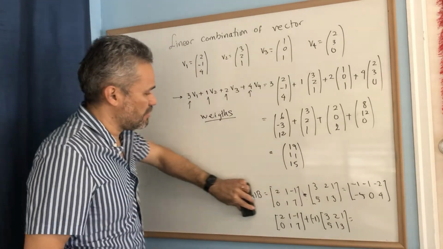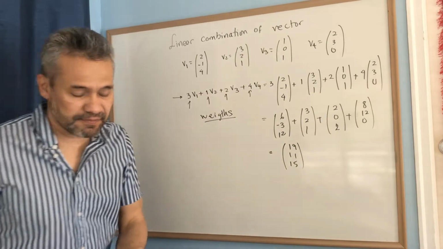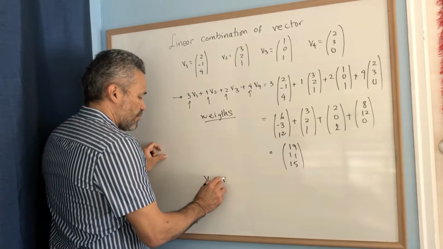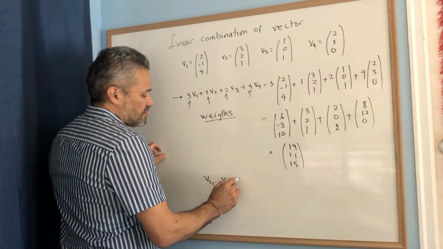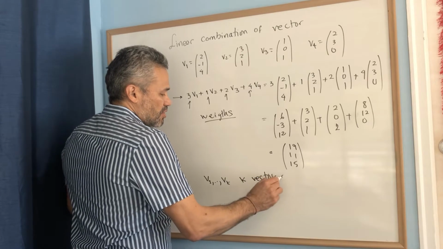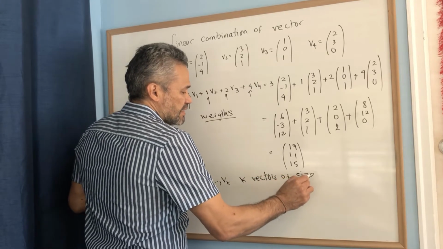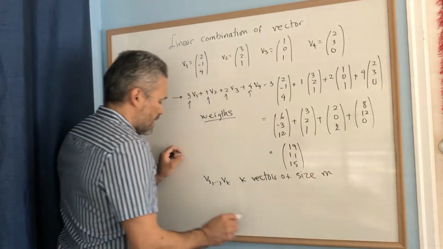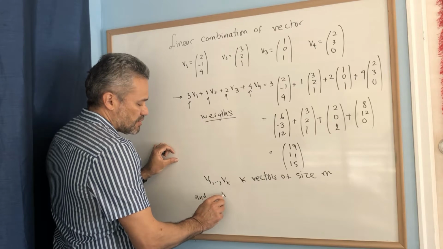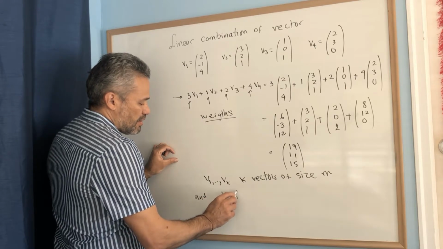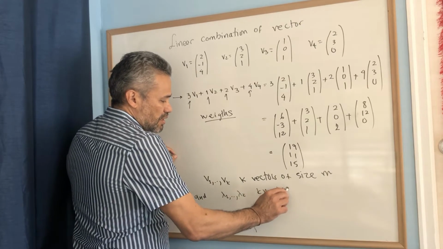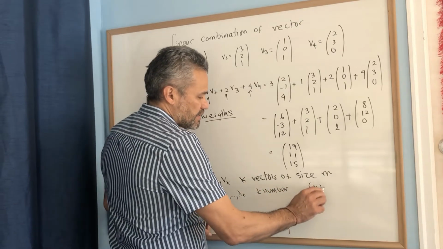In general, if we have, let's say, b1 up to bk, k vectors of size m, and we have numbers, let's call them lambda 1 up to lambda k, then these numbers are called the weights.